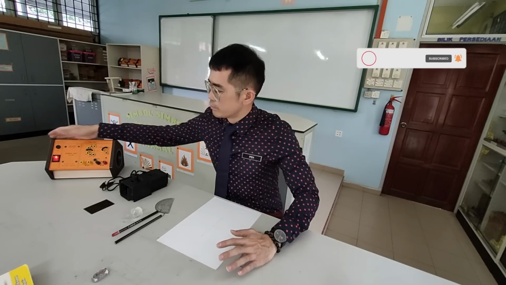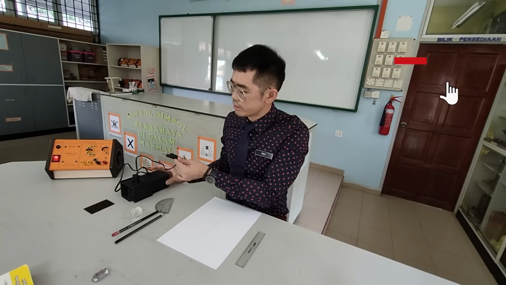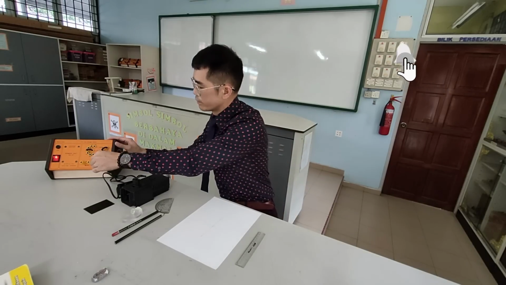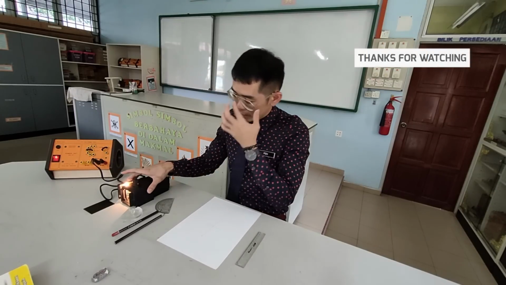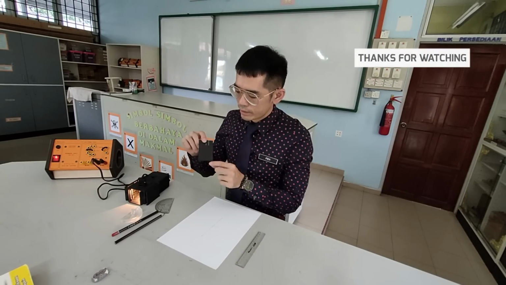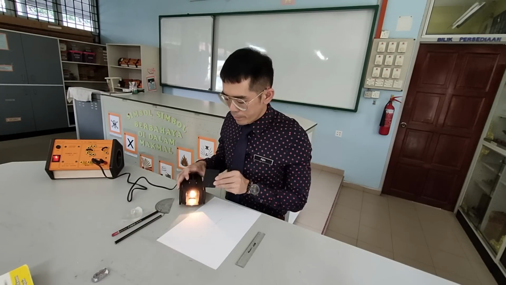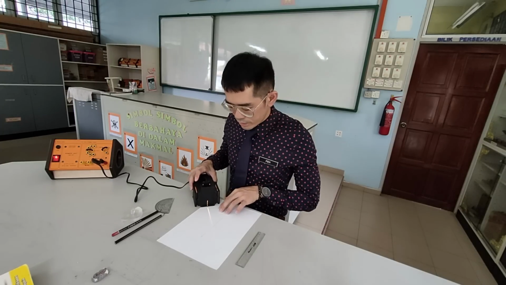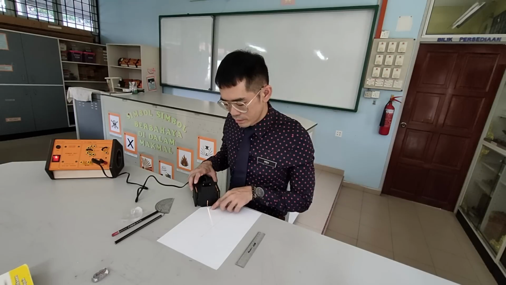Switch on your power supply and connect the wire of the red box to the power supply. Then place the single slit in front of the red box, and a single light beam will be produced like this.